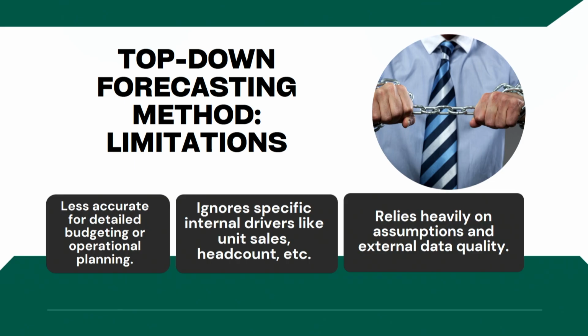Then the second one is that it ignores specific internal drivers like unit sales, headcounts, etc. When we go for the top down method of projecting the income statement, we do not pay much heed to the internal state of affairs of a business.